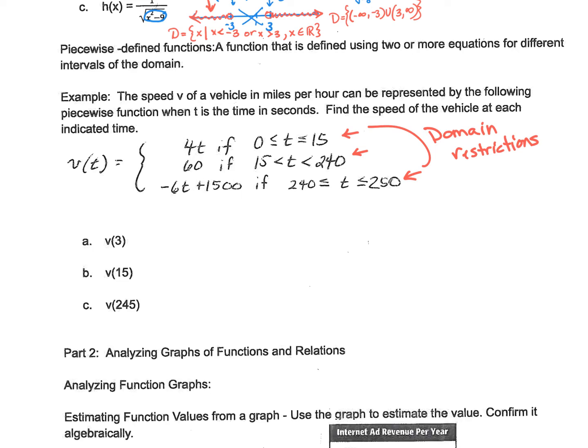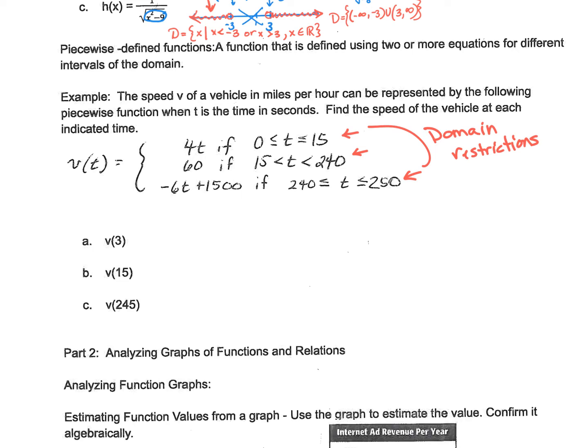These are domain restrictions, guys. That means that we only use 4t if the domain is between 0 and 15. We only use 60 if the domain is between 15 and 240. We only use negative 6t plus 1500 if t is between 240 and 250. So you have to pay attention to what you're plugging in to figure out which domain it is, because that tells you which function to plug into, doesn't it?